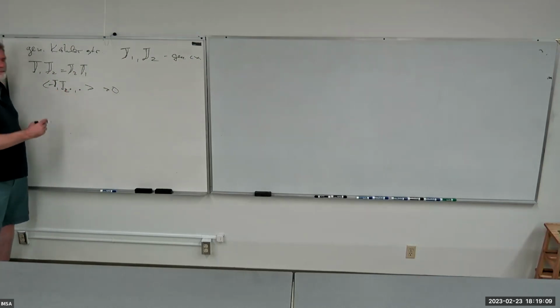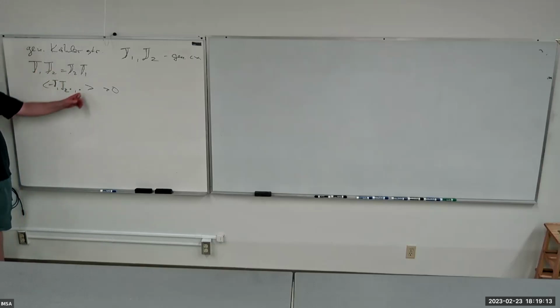J1. Because the square here, if they commute, the square is plus identity, and because they are compatible with this, actually the plus and minus eigenspaces are equal, and the trace is 0.